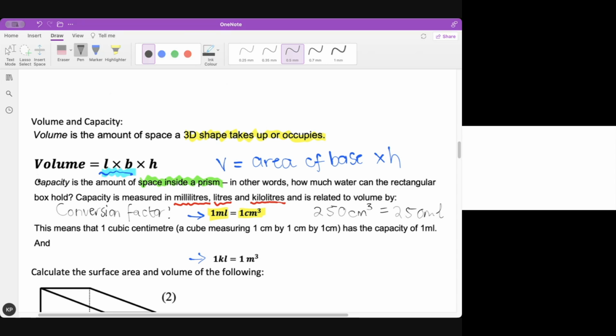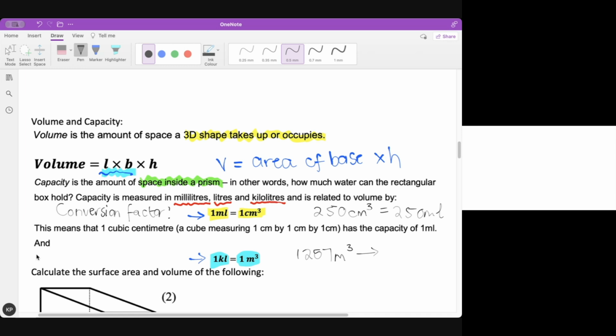It's a one-to-one comparison. And in the same way, 1 kiloliter is equal to 1 cubic meter. So if I say I have something that is 1,257 meters cubed, how many kiloliters will that give me?